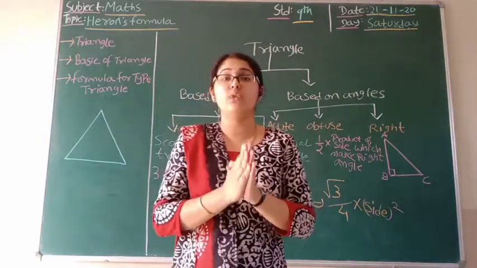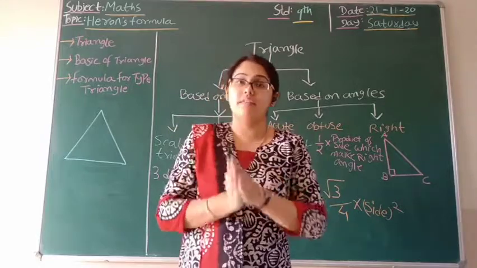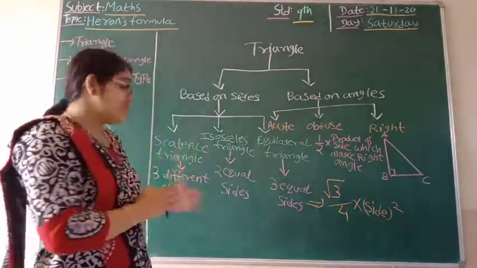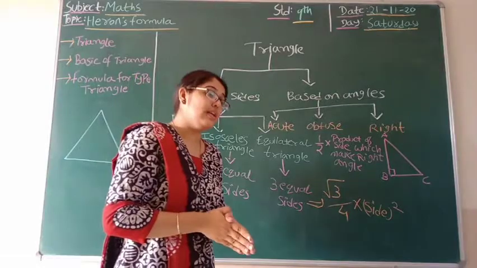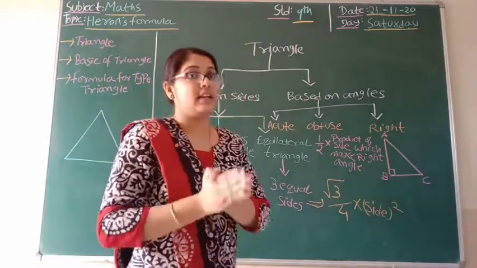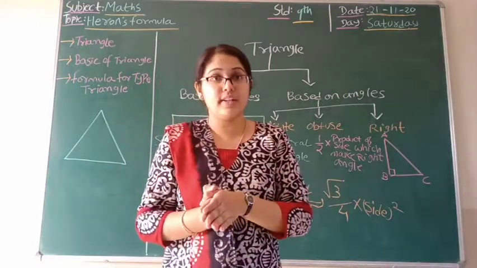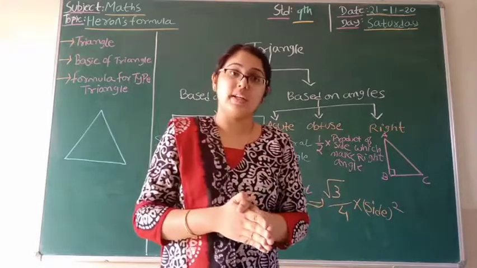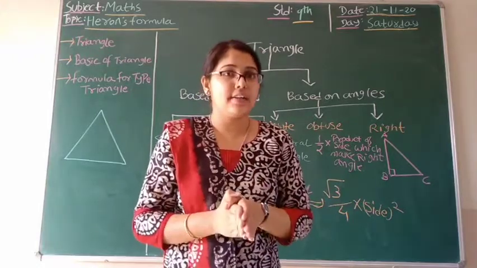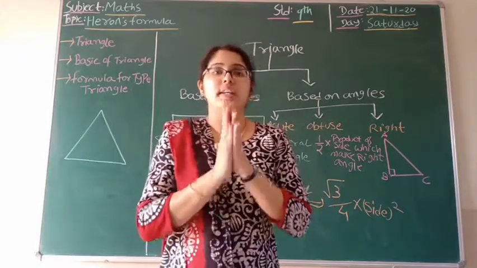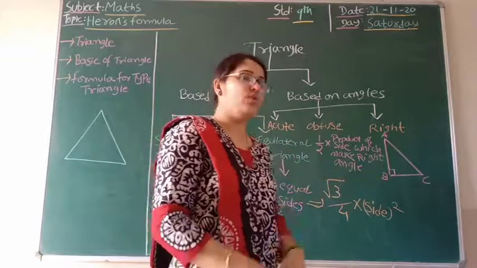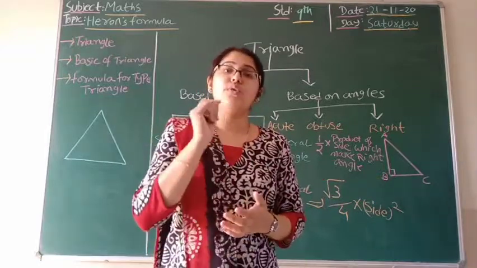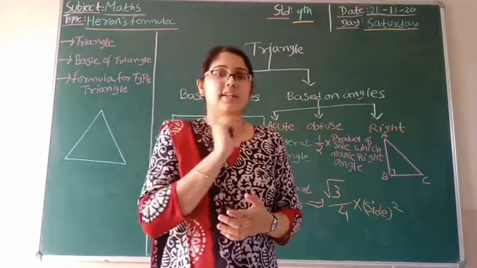I am repeating, you need to give the definition of each of these triangles with a diagram. As I have drawn over here, you need to draw over there. And you need to write the formula to find the area of each triangle.